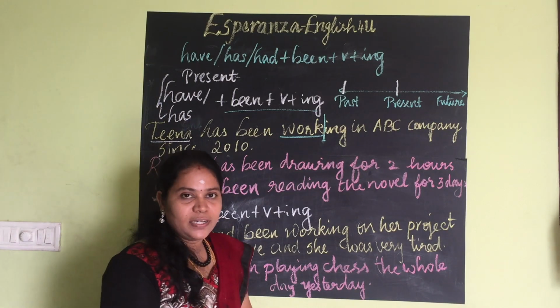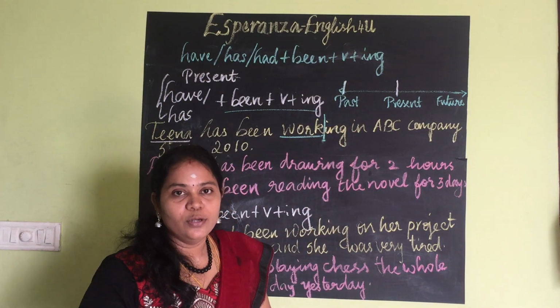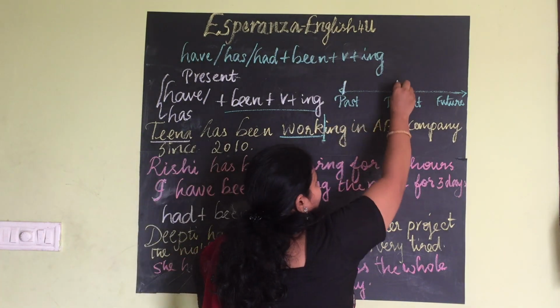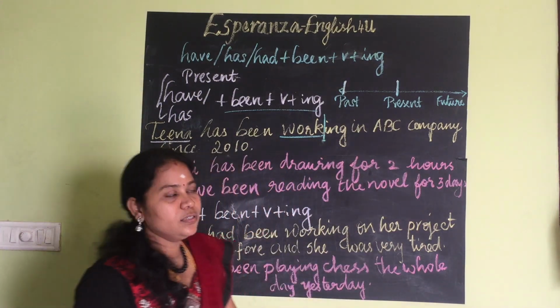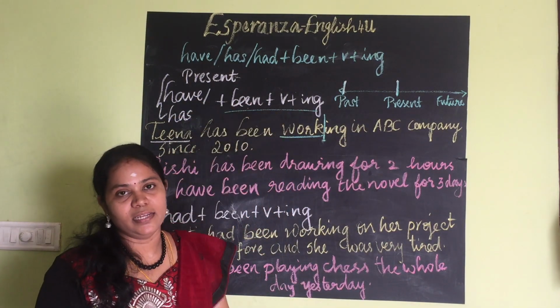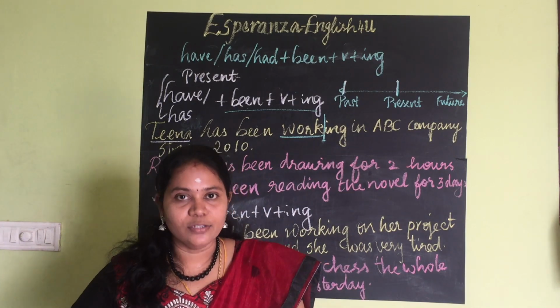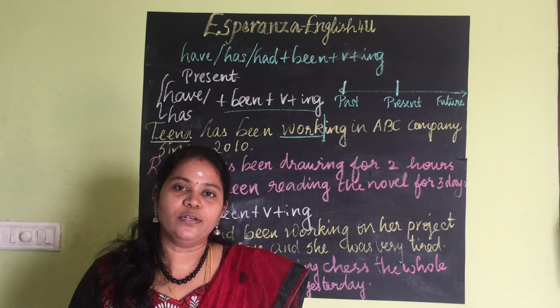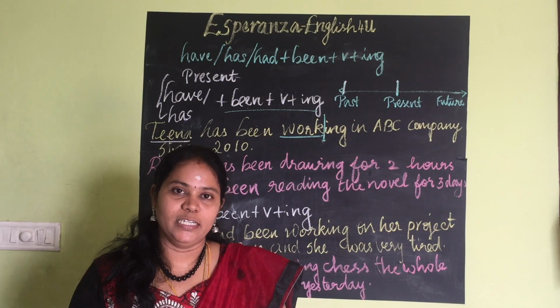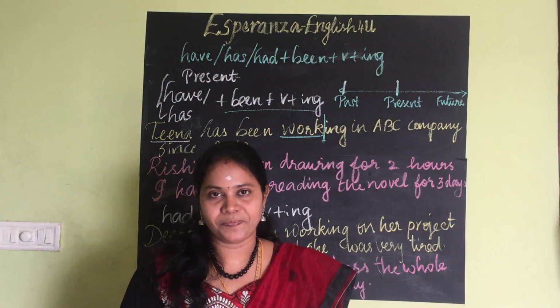If the action has started in the past and it continued till the present, there we can use this form, have or has plus been plus verb plus ing.